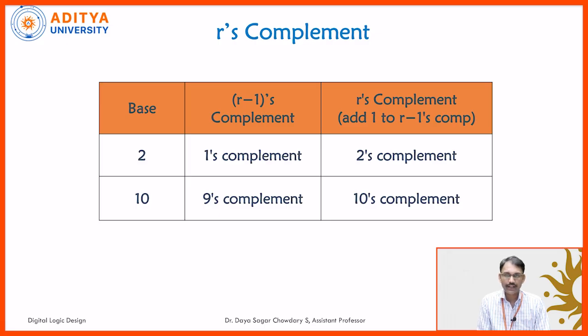And if we give it in tabular form, for base 2 and base 10, r minus 1's complement is 1's complement for binary and 9's complement for decimal, and r's complement, in order to add 1, is 2's complement for binary and 10's complement for decimal. So this is the simple trick for calculating r's complement and r minus 1's complement.